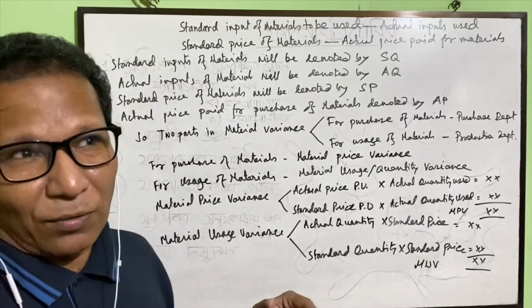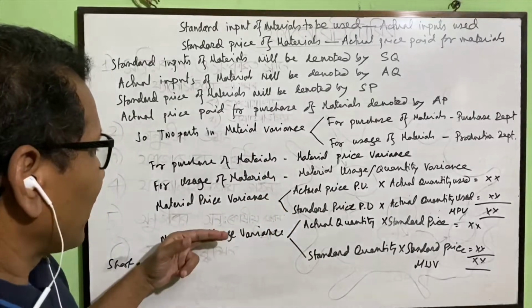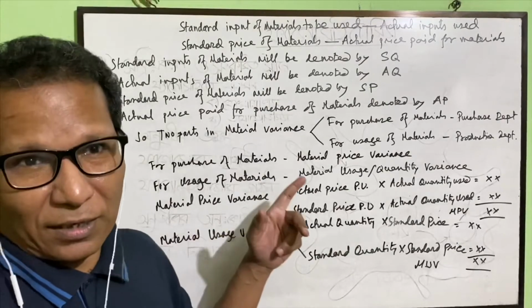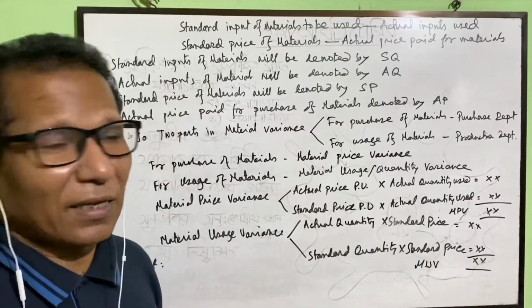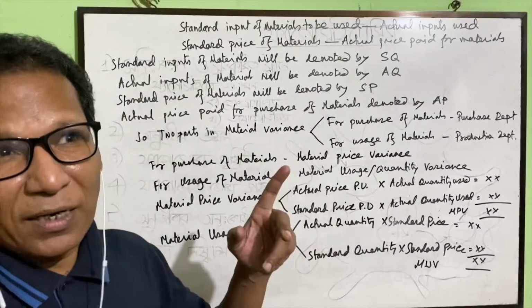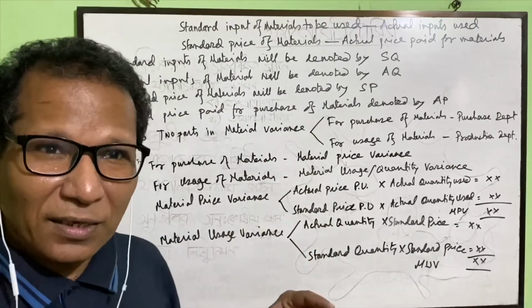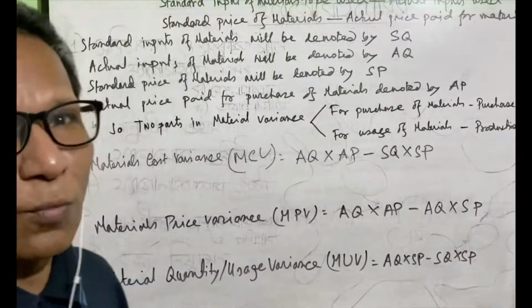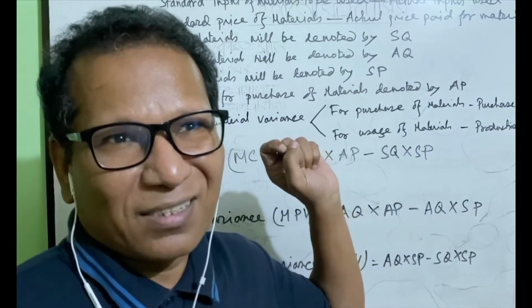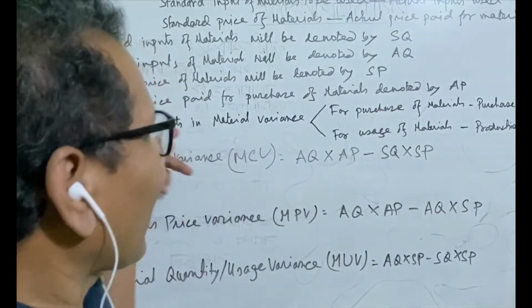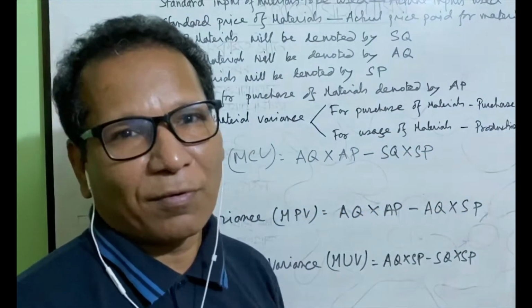If only a single material is used, there may be 2 or 3 variances. If multiple materials are used, 2 materials, 3 materials, then usage variance may be divided into 2 other variances, that is material mix variance and material yield variance. So, 2 parts in material cost variance. One is for purchase of material, for which the purchase department is liable, and the other is for usage of material, for which the production department is liable.